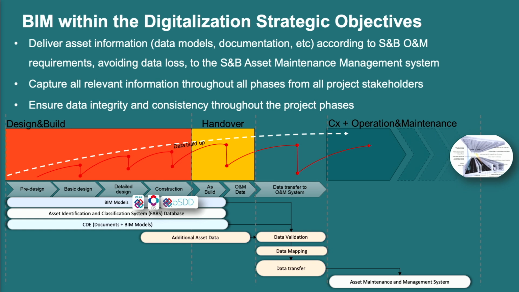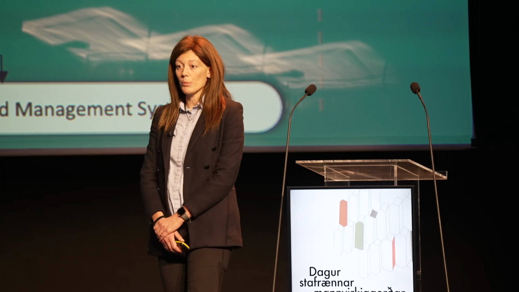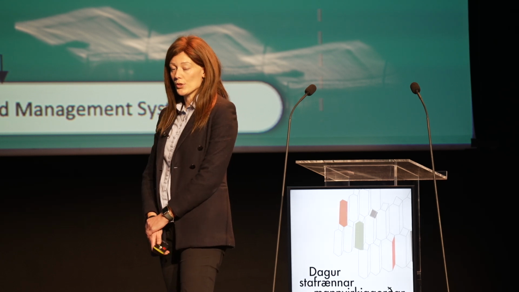But our aim is also to deliver asset information that complies with the Sunenbelt operation and maintenance requirements for their system. So we need to ensure data consistency and integrity. And we also want to avoid any data drop between the different phases of the project.